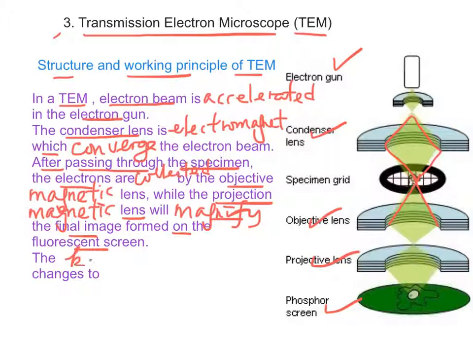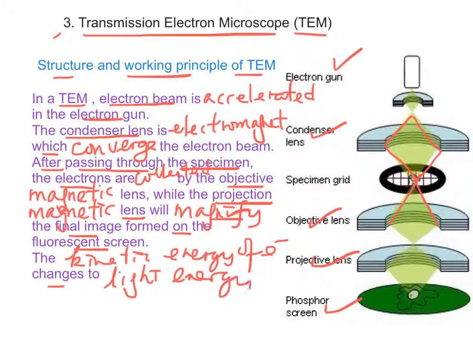The kinetic energy of the electrons will change to the light energy shown on the fluorescent screen, which is coated with phosphor.